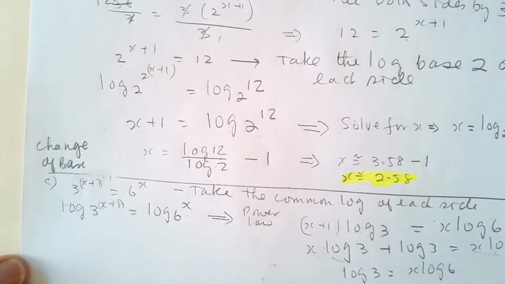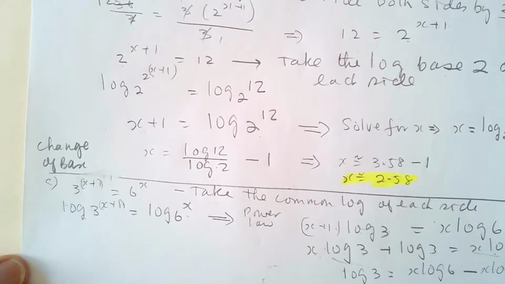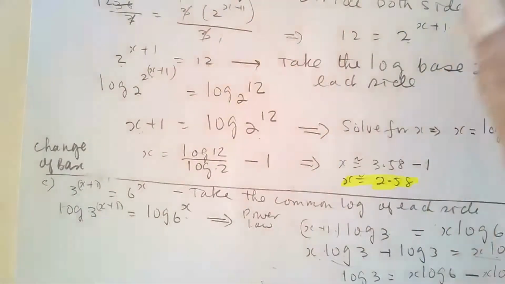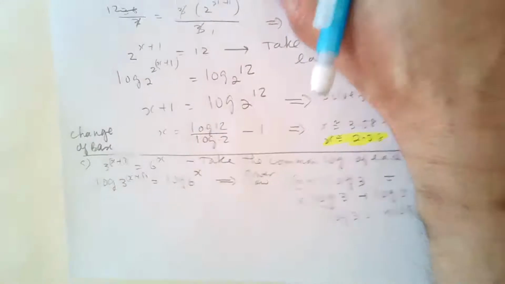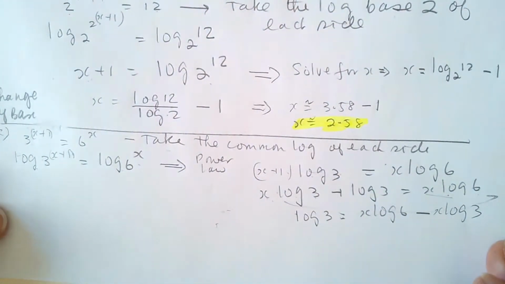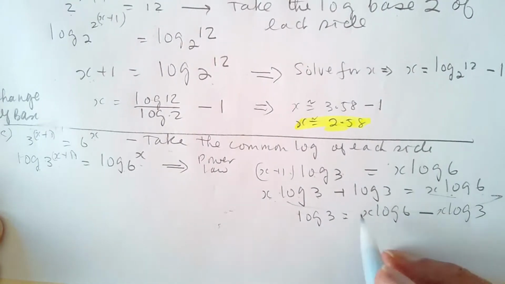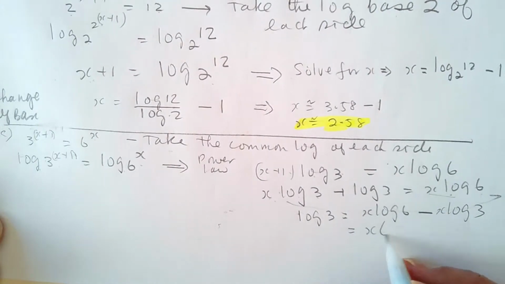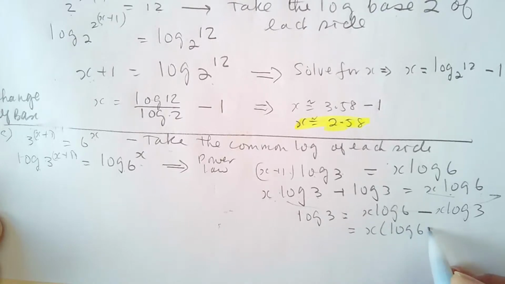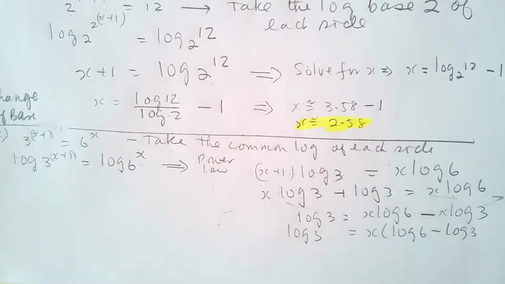I'll take this to the right side, become negative x log 3. Now we can simplify this, become x times log 6 minus log 3.